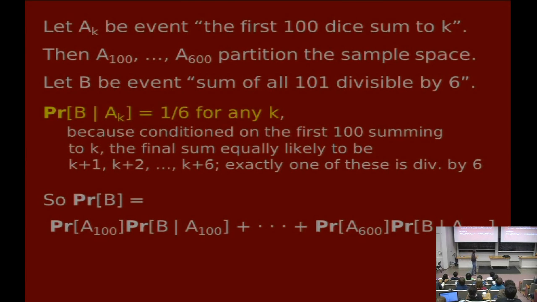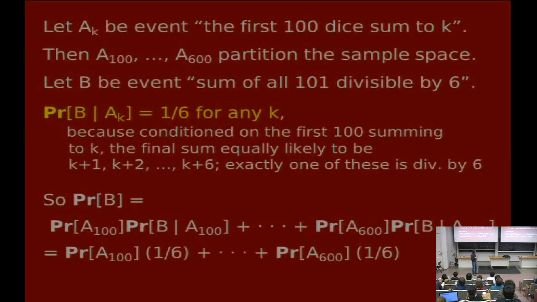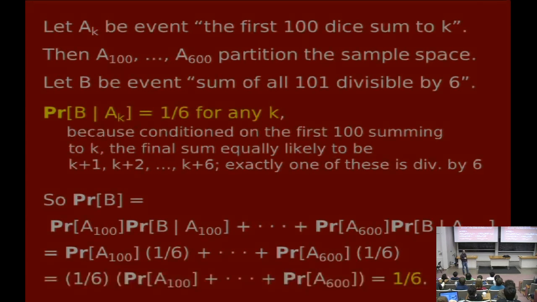But the beauty of this trick is we know all of these conditional probabilities are 1/6. So we get the sum over all the probabilities of the A_k's times 1/6. So we can factor out the 1/6. We get the sum of all the probabilities, and these have to add up to 1 because exactly one of these outcomes between 100 and 600 occurs. So that's the end of the proof.